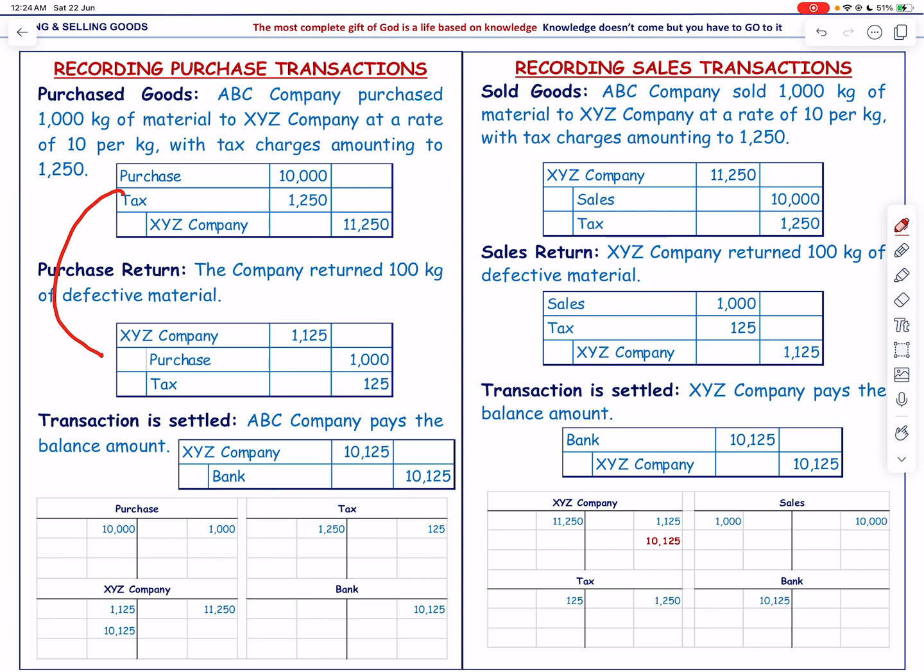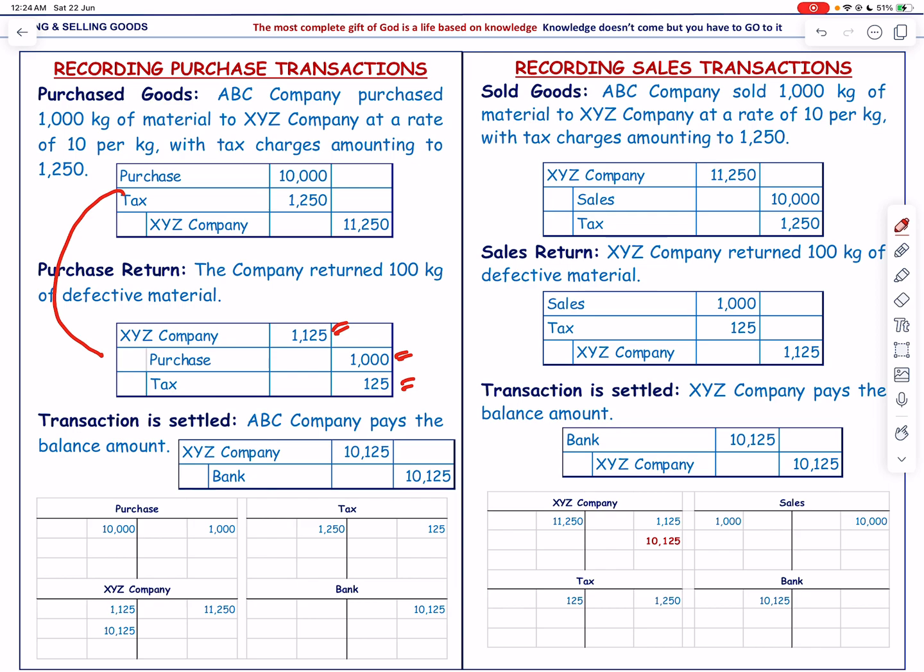And you can see here now XYZ company is debit and purchase and taxes are credit to reduce the purchase amount and the tax liability.